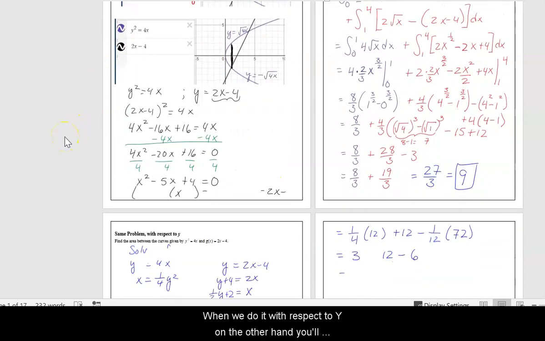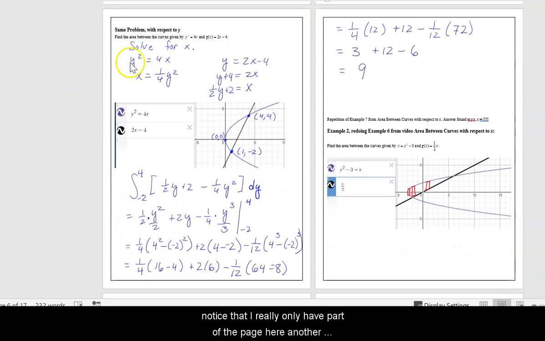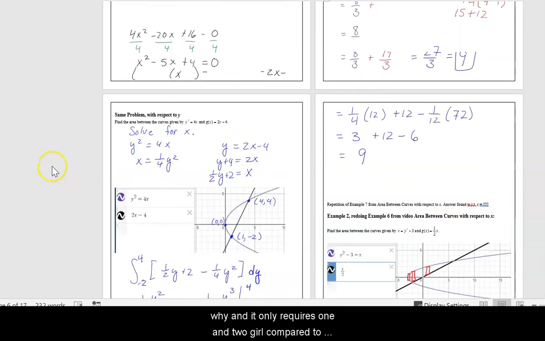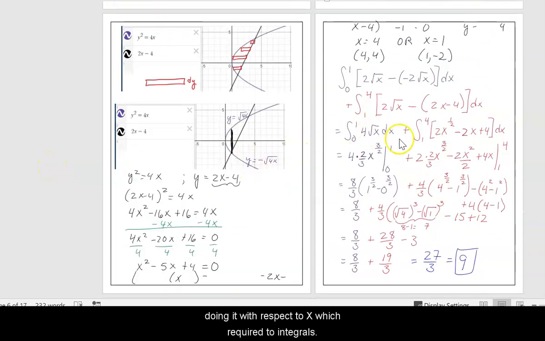When we do it with respect to y, on the other hand, you'll notice that I really only have part of a page here, another part here, and this small part would definitely fit here. It is a much shorter and simpler process with respect to y, and it only requires one integral compared to doing it with respect to x, which required 2 integrals.